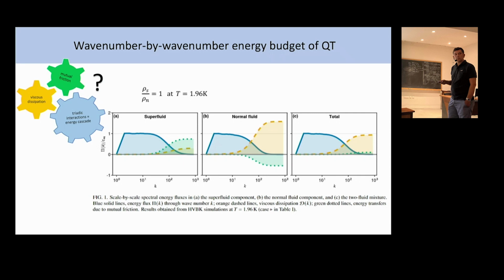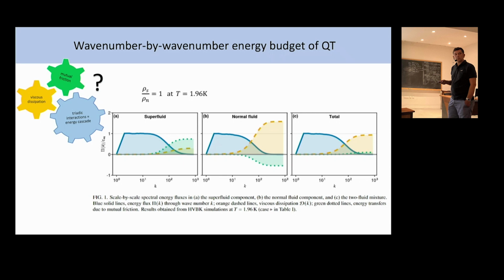We get in particular that for the superfluid, mutual friction is a loss of energy. So by mutual friction, the superfluid loses energy. And this energy is gained by the normal fluid and eventually dissipated by the normal fluid. But what is interesting is that when you consider the overall budget for the mixture of the two components, the dissipation by mutual friction is almost zero, except at very small scales in the dissipative range.